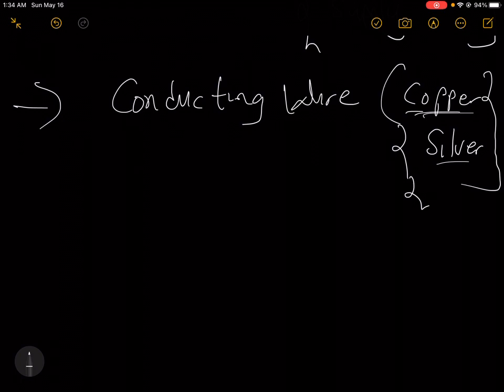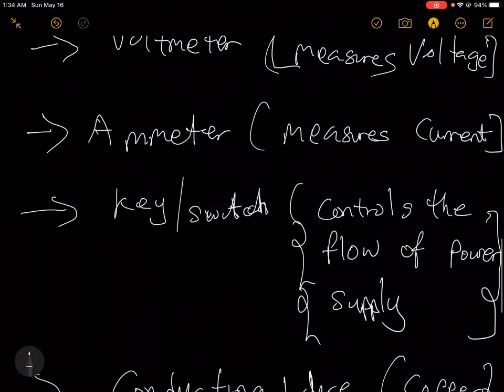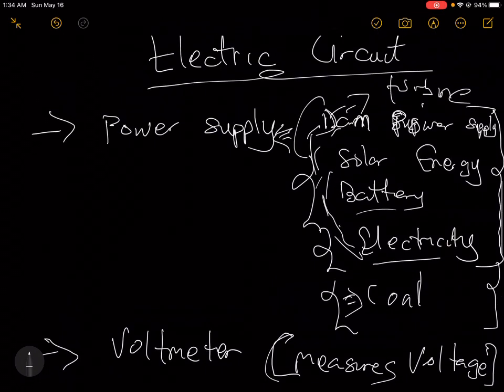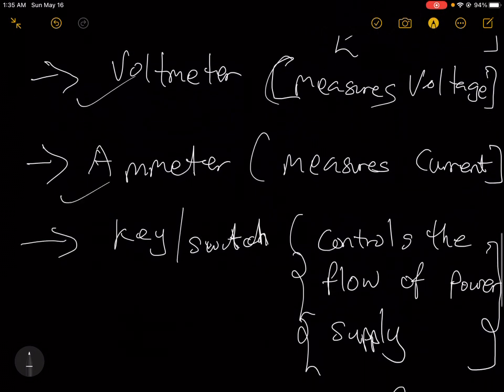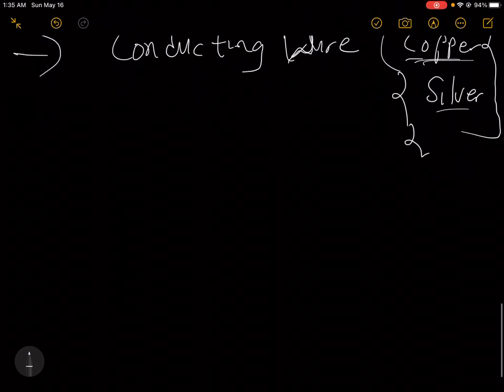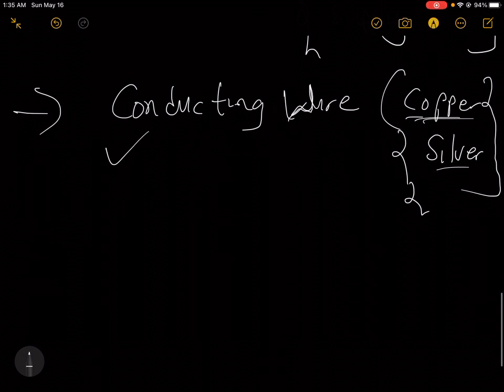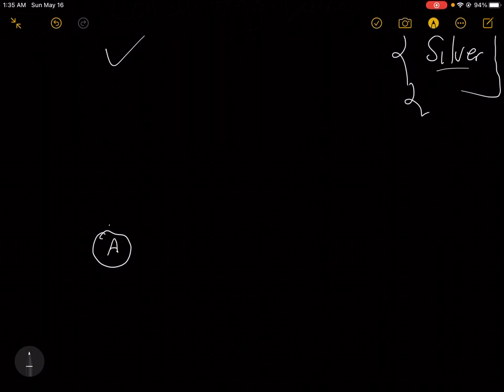So now I'm going to draw a simple electric circuit to explain everything, which is going to contain power supply, voltmeter, ammeter, a switch, and a conducting wire. Now, let me draw that. So here we have A, then goes here.